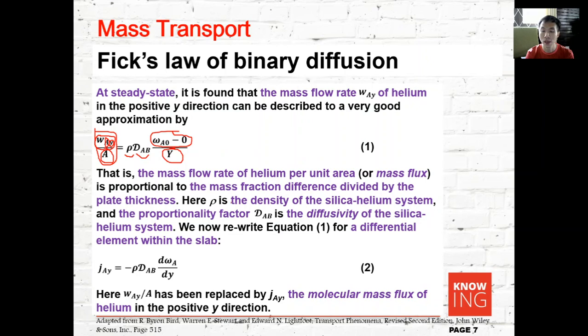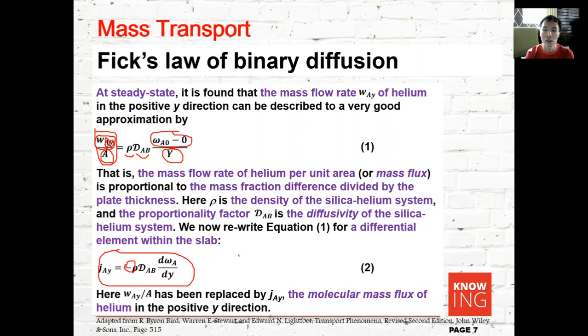In the same way, this finite form of the equation can be converted into the differential form here. You also have a minus sign in front of the differential form because the direction of diffusion is opposite to the direction in which the concentration gradient increases.